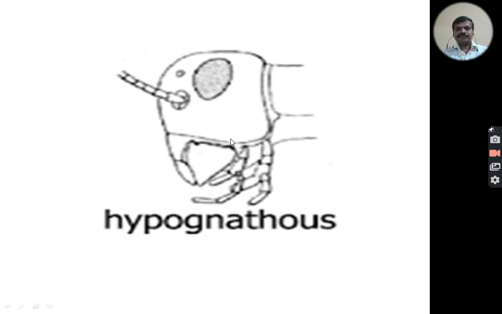Look at this slide showing the head, where you can see the mouth is present on the ventral side, surrounded by the mouth parts. The head is present at the anterior end, with the mouth below the jaws, at the ventral position. This is the hypognathous type.